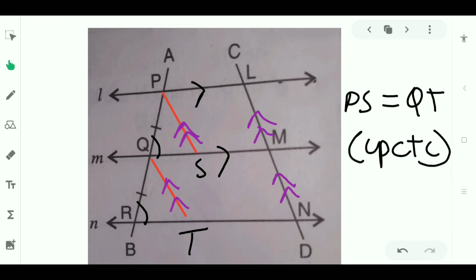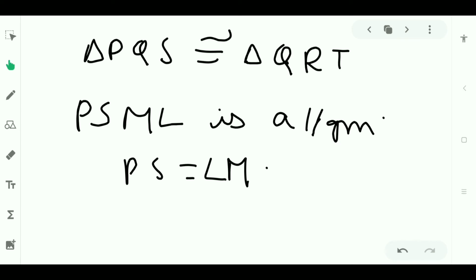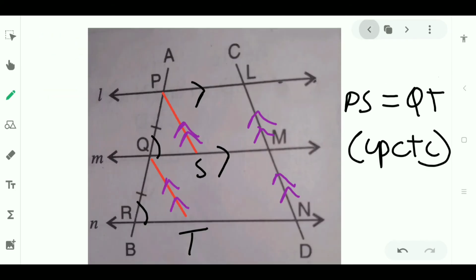But by CPCTC, we got PS equal to QT. So when PS is equal to QT, QT is also equal to LM. QT is also equal to MN, because you can see over here QTNM is a parallelogram.